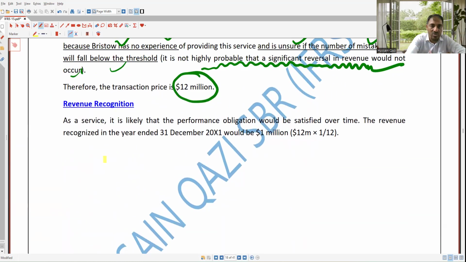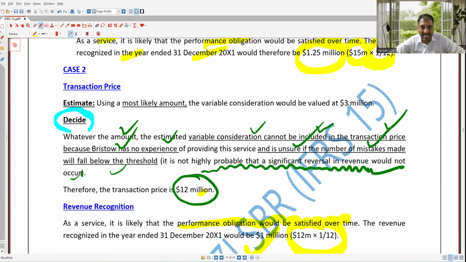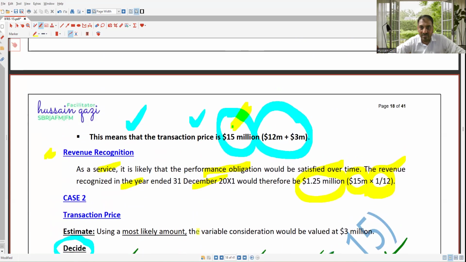With respect to the revenue recognition of the 12 million, same performance obligation over time, 12 times 1 over 12 is 1 million. So this example is about variable consideration, and you are now able to get the basics of variable consideration.